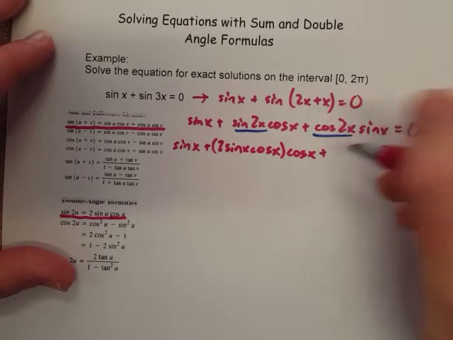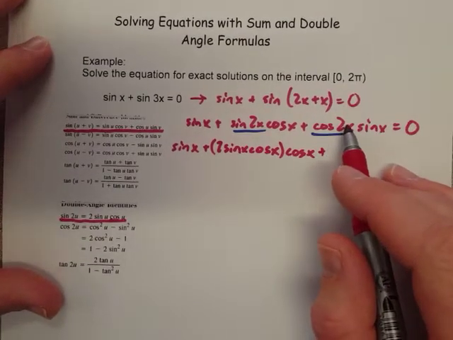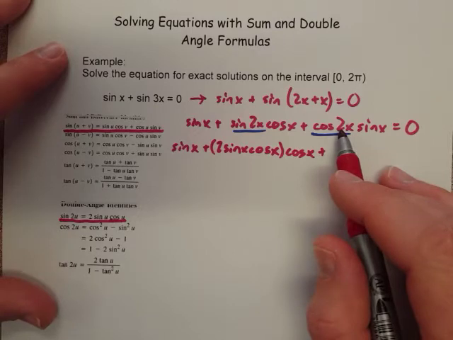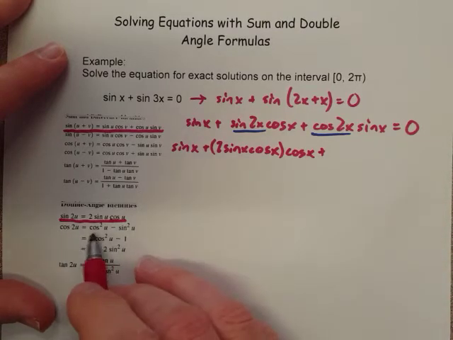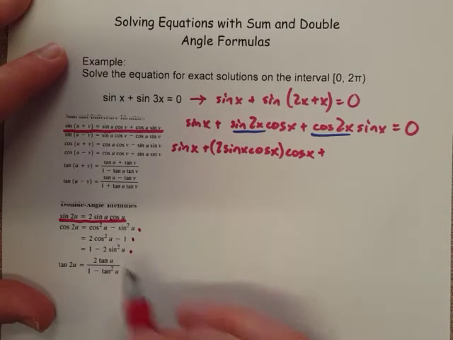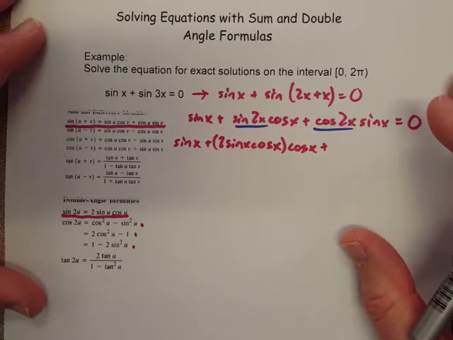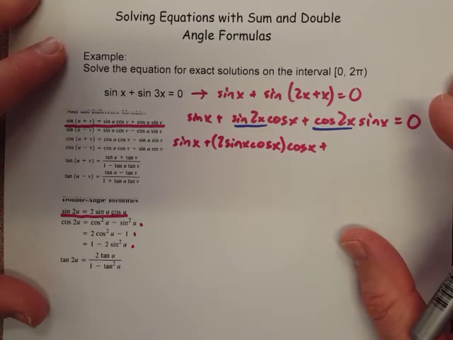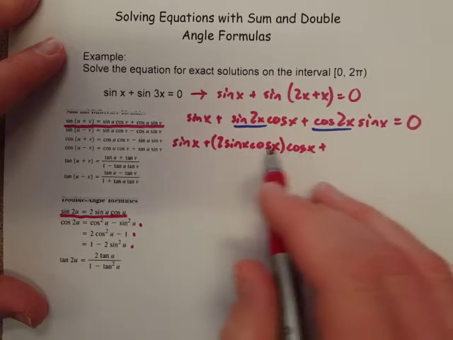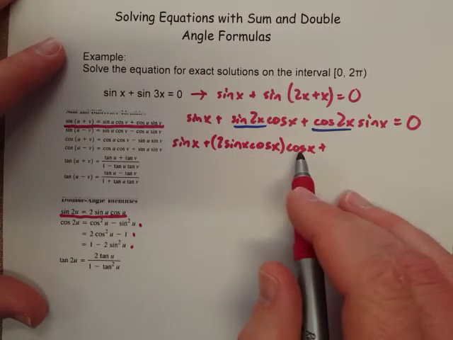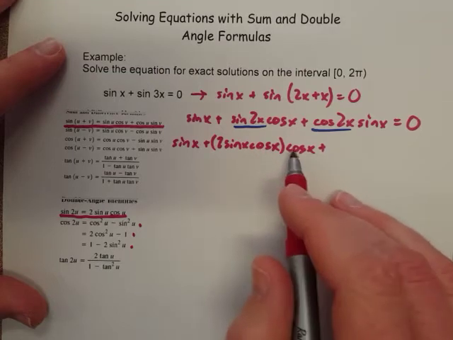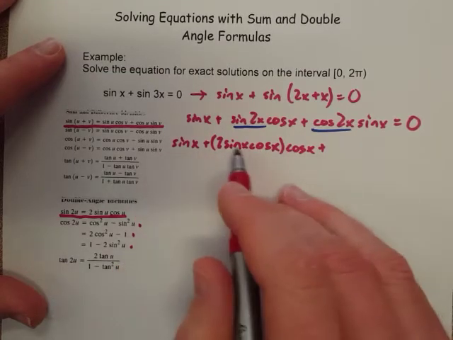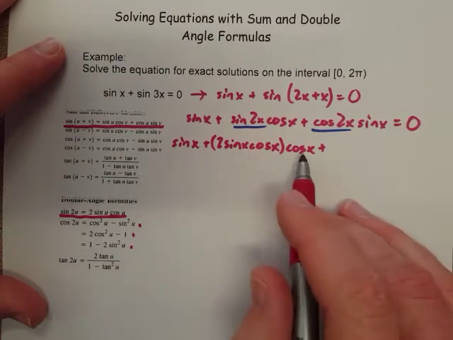And then for this next one, cosine 2x, here again, like I mentioned yesterday, we have to make our best guess because there are 3 different options for cosine 2x. And we're going to choose the one that we think is going to have the most relevance to what this is. So I want you to notice here that we're going to have cosine squared, but we're not going to have sine squared when we put these things together.